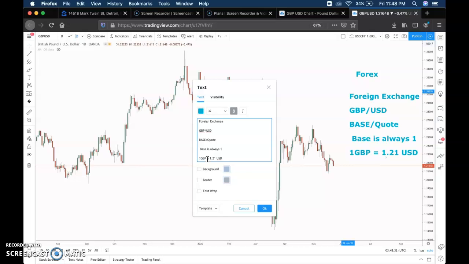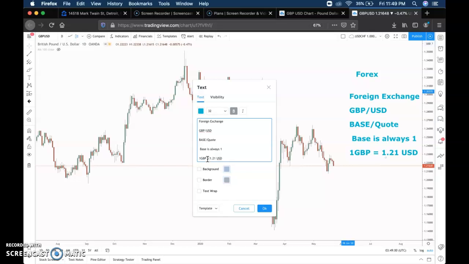If I have one Great British Pound, it will take 121 cents of the US dollar to make one Great British Pound. So right now, the Great British Pound is stronger than the US dollar. The Great British Pound is 21% stronger than the US dollar right now.